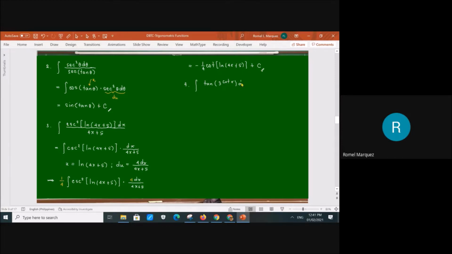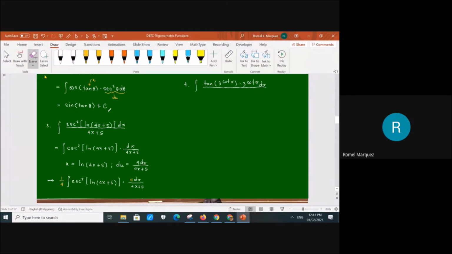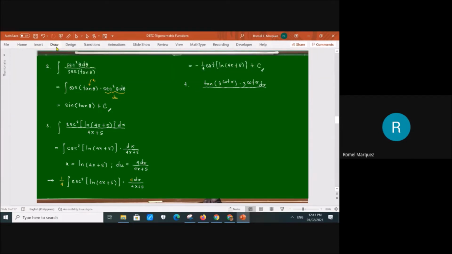So this is dx multiplied by 3 to the cotangent x dx, let me make it bigger, all over sine squared x.